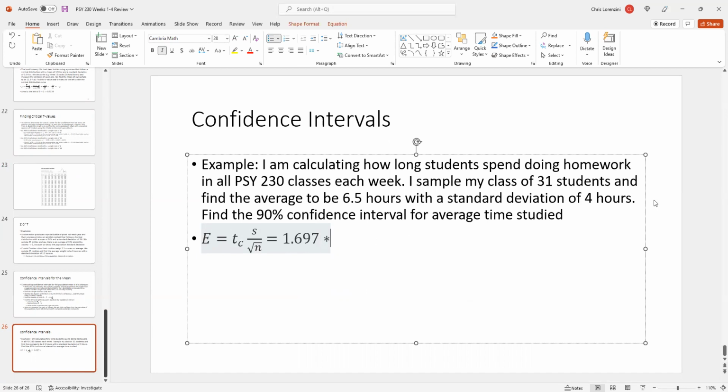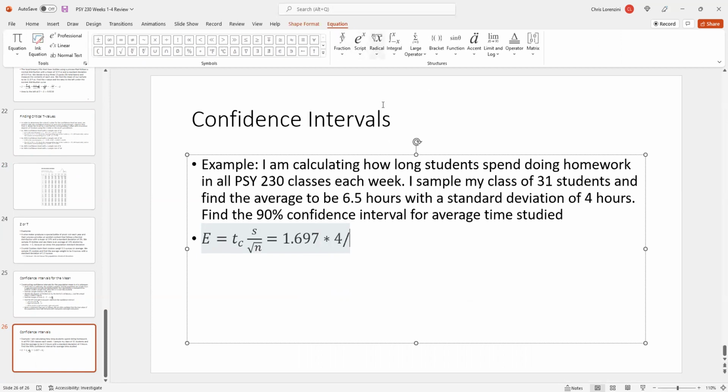I'm going to multiply that by S, which is 4, divided by the square root of my sample size, which is 31. And then I have to plug this into my calculator and see what I happen to get. So I get a margin of error of 1.219. We'll round that to 1.22.